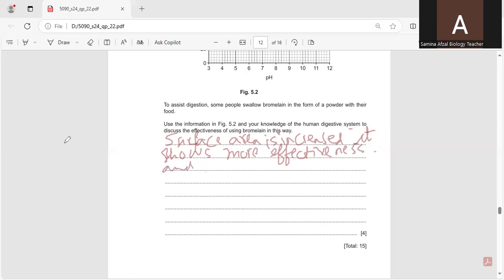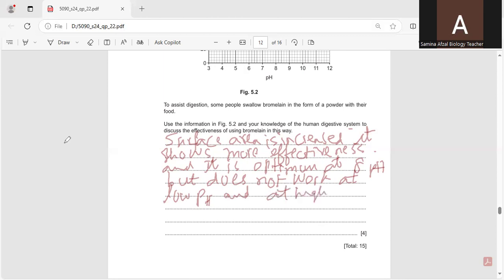And it is optimum at 8 pH, but it does not work best at low pH, and at higher than 8 its activity decreases.